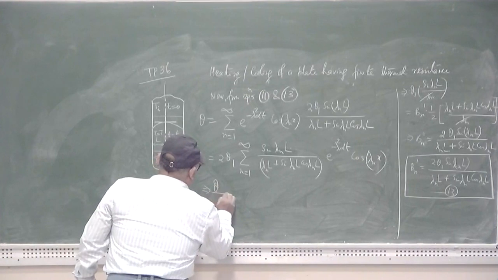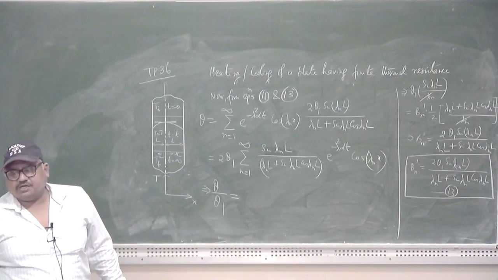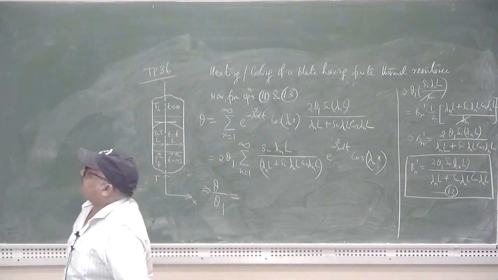So theta by theta 1, which will express the temperature profile in the quenching plate, that is equal to theta by theta 1.